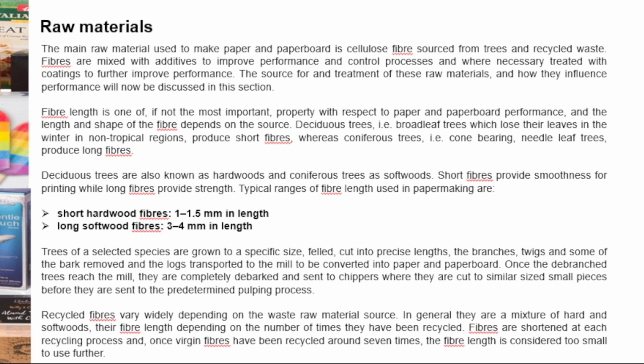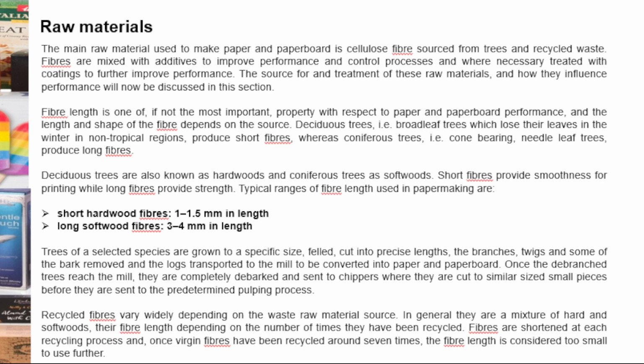Short fibers provide smoothness for printing, while long fibers provide strength. Typical ranges of fiber length used in paper making are: short hardwood fibers 1 to 1.5 millimeters in length; long softwood fibers 3 to 4 millimeters in length.